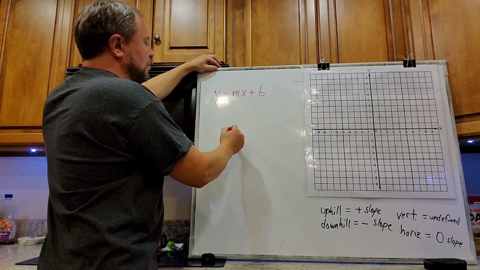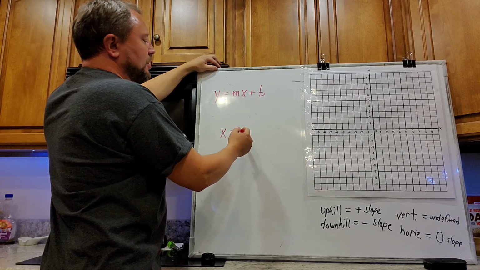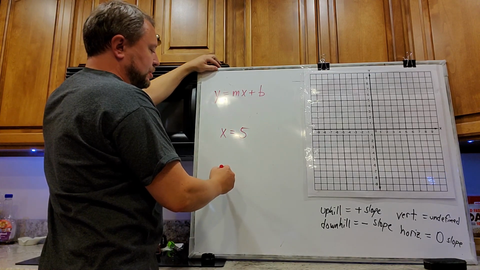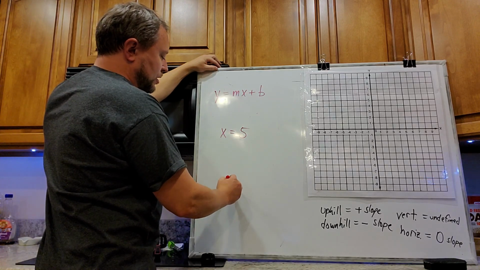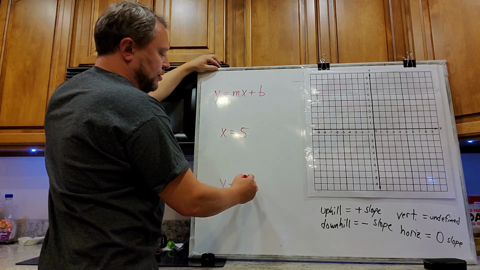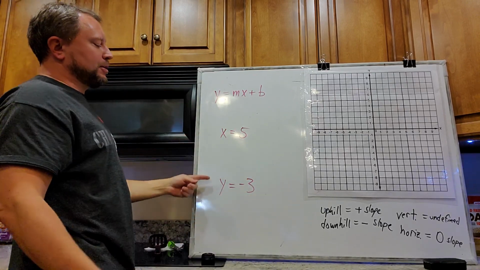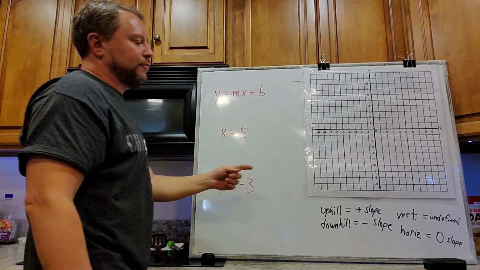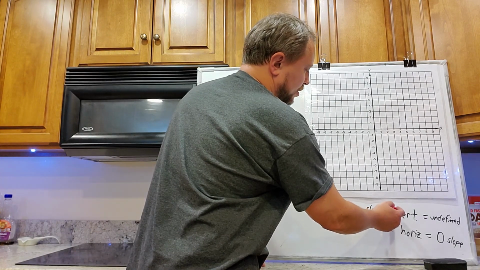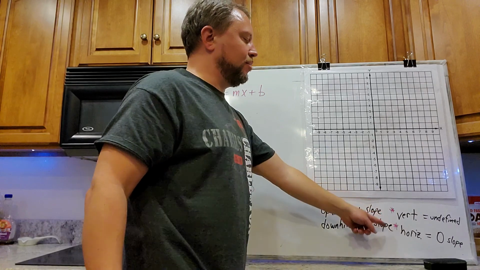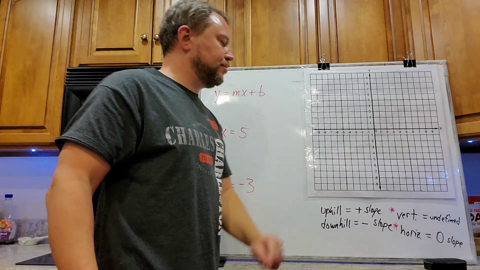Like you might have an equation that says x equals 5, or another equation that might say y equals -3. Okay, these are special cases. In fact, they're illustrations of these 2 special cases, vertical and horizontal lines.